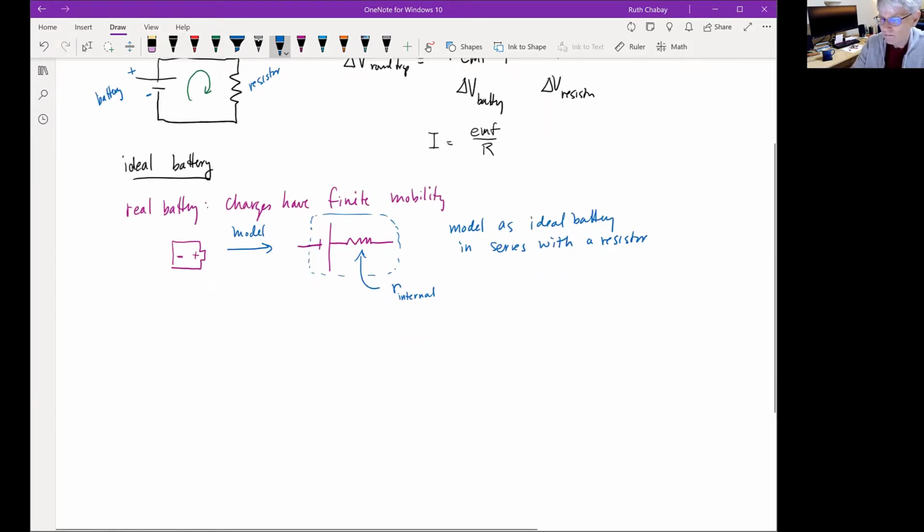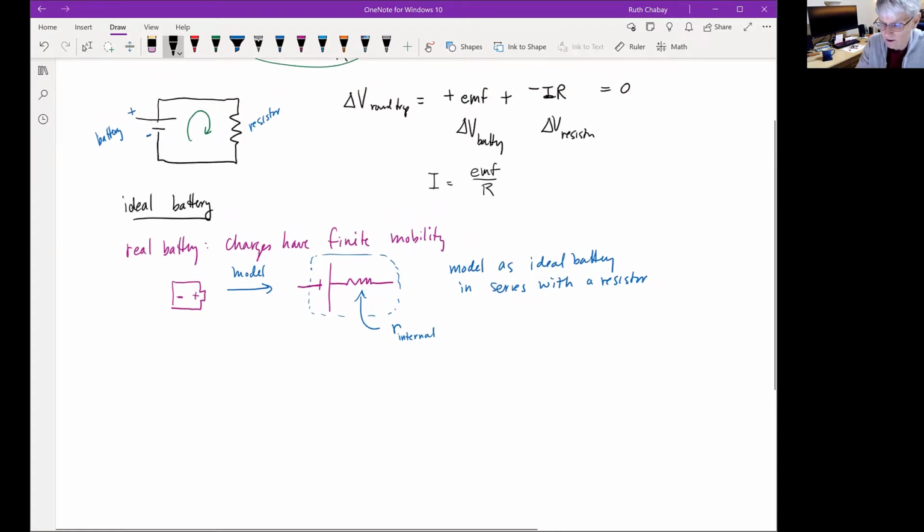And so in a more accurate loop equation for the circuit we drew up here, we'd really have to consider an internal resistance as well. So here would be our battery, but now we draw this internal resistance.